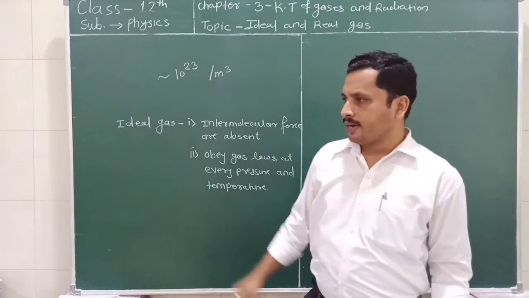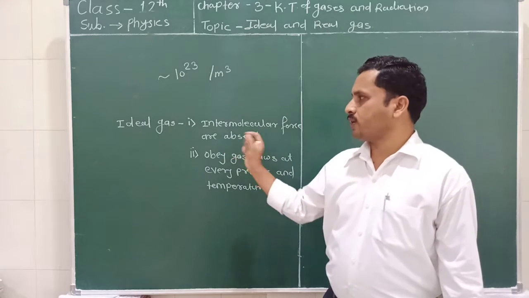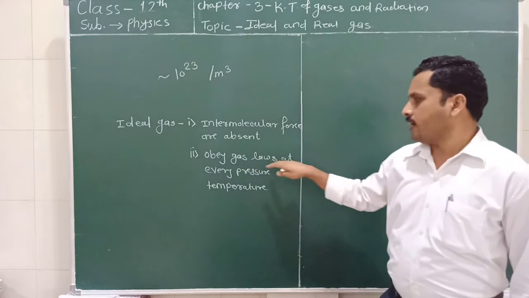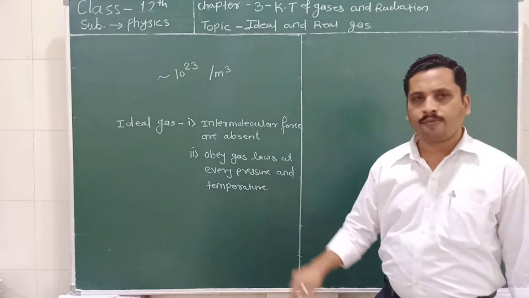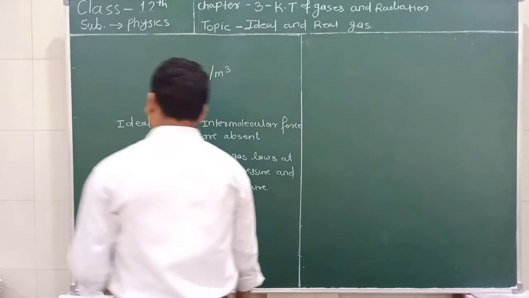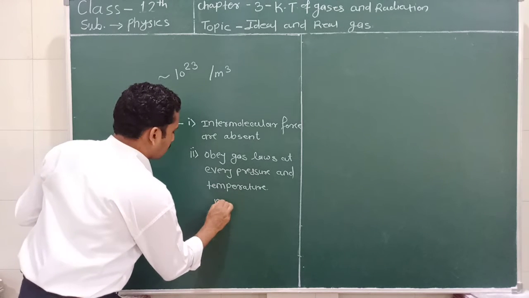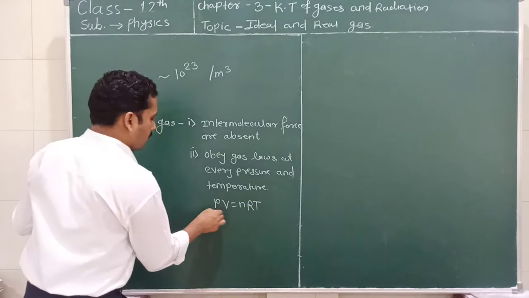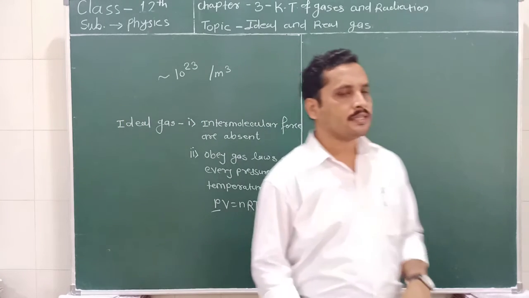The intermolecular forces between the molecules of the gas are absent, and they obey the gas law at every pressure and temperature, or we can also say that it obeys the ideal gas equation, PV = nRT, at every pressure and at every temperature. So this is the ideal gas.